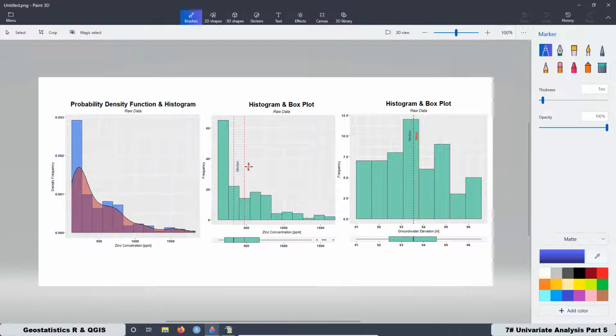Then in this case, the mean value is not representative of our data set, and that's the reason that when we have a graph like this one, where most of our data is located on this side of the graph, what we have to do is a transformation of our data to make the mean value representative of our data set. As we can see here, right?